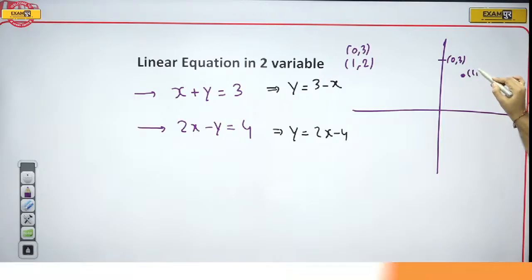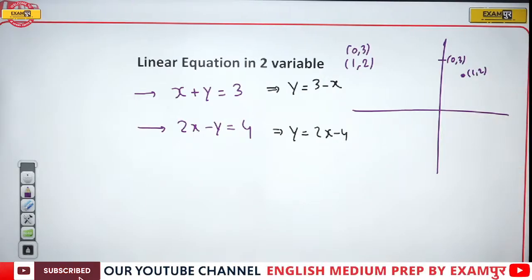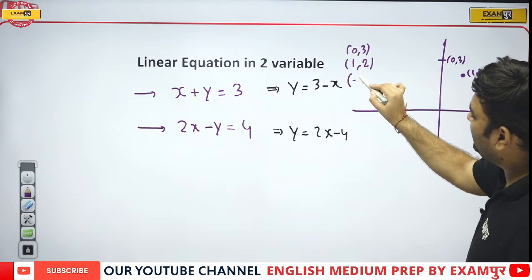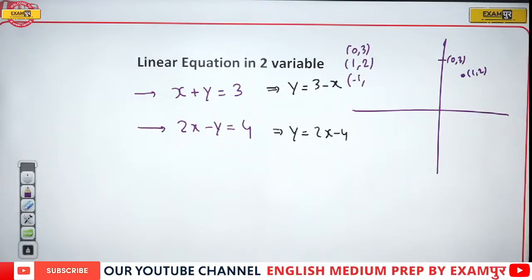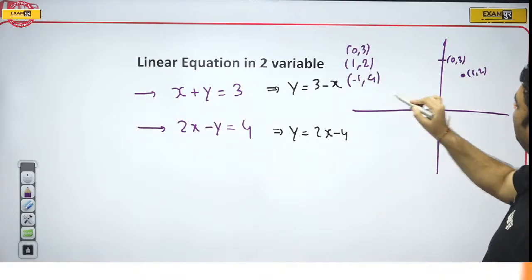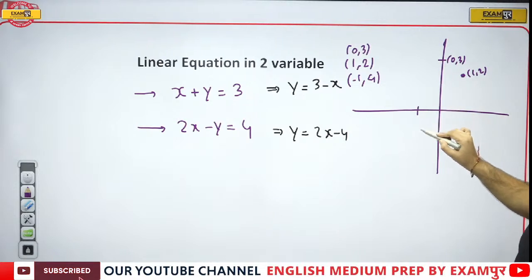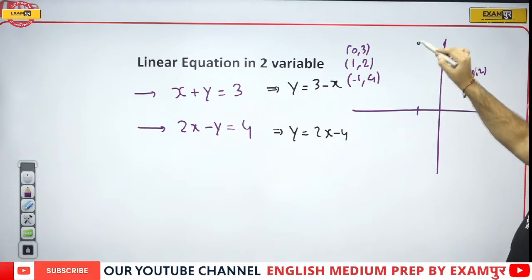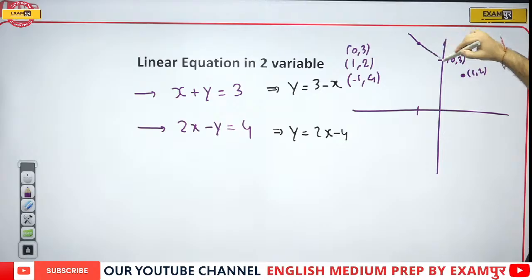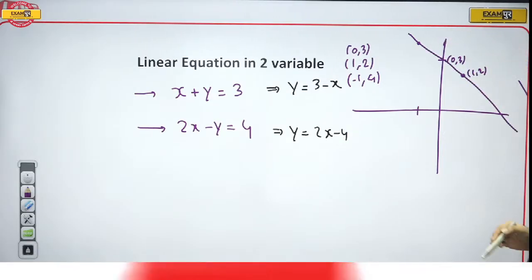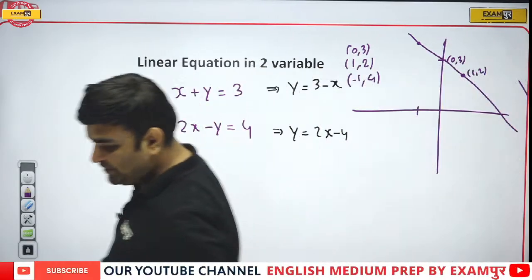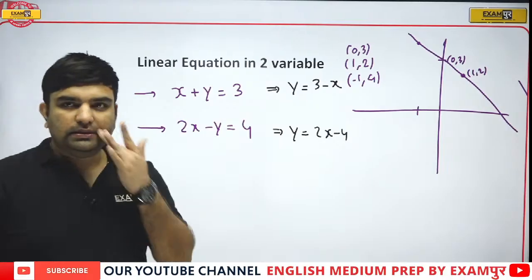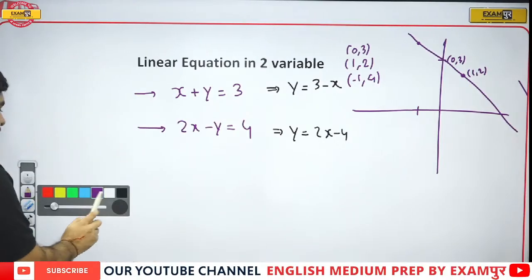Another point is 1, comma 2. For x is equal to minus 1, y is 4. So this line is of the previous fashion only.